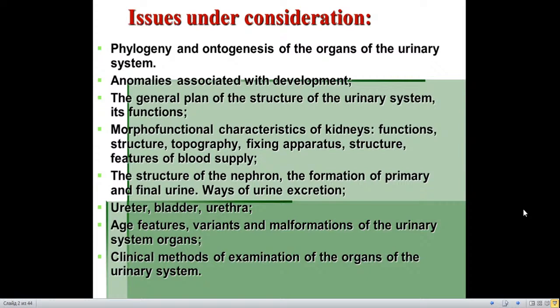Next, age features, variants and malformation of the urinary system organs, and last, clinical methods of examination of the organ's urinary system. My dear, reflect please this information on your notes now.